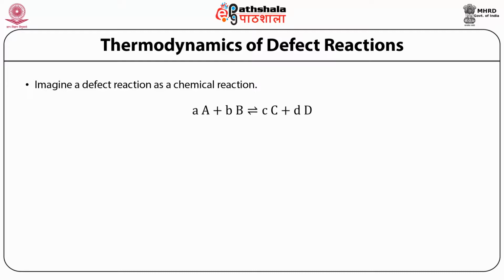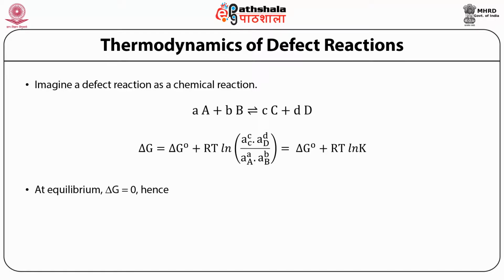So here free energy change can be written as delta G is equal to delta G naught plus RT natural log of a_C to the c times a_D to the d divided by a_A to the a times a_B to the b, which is equal to delta G naught plus RT natural log of capital K. So here delta G naught is the free energy change in the standard state, that is at unit activities.